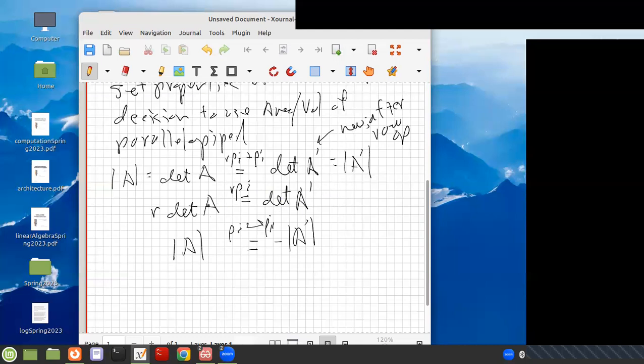We start from this one, and we factor out the r to get this one, so this is the smaller determinant. We use it the other way around when we write it down.